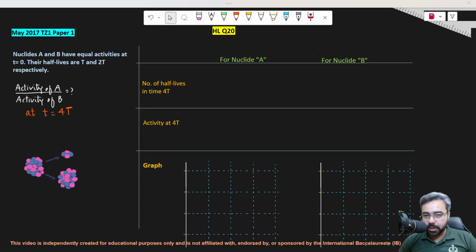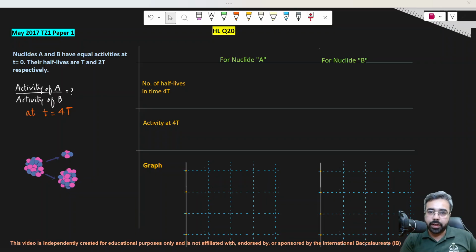So, first of all, let us understand what radioactive activity is. Radioactive activity is the rate at which the radioactive nuclide, which is unstable, decays, how fast or how slow that nuclide decays.